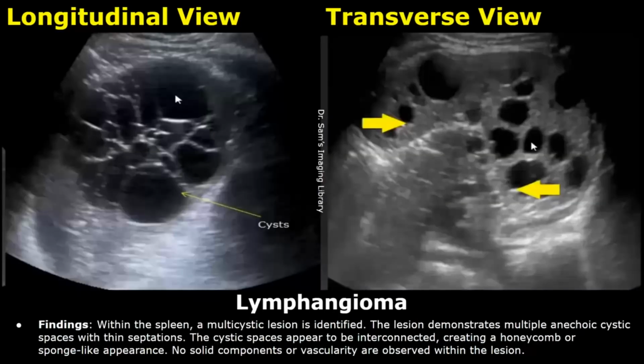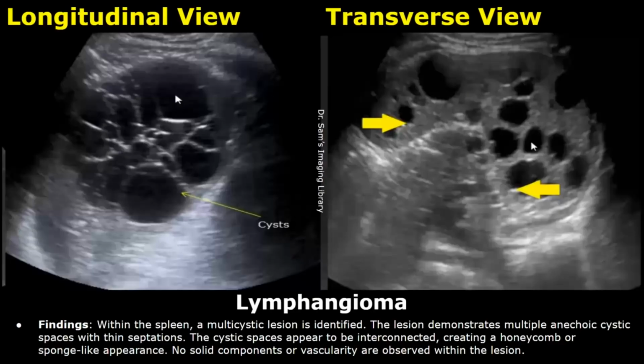This is a report for lymphangioma. In the findings, a multicystic lesion is identified. It has multiple anechoic cysts with thin septations. The cystic spaces appear to be interconnected, creating a honeycomb or sponge-like appearance.